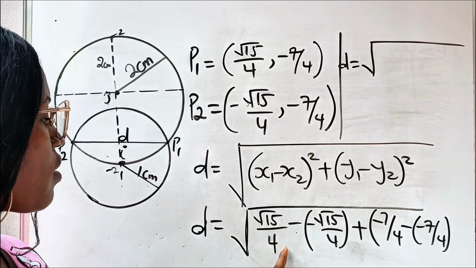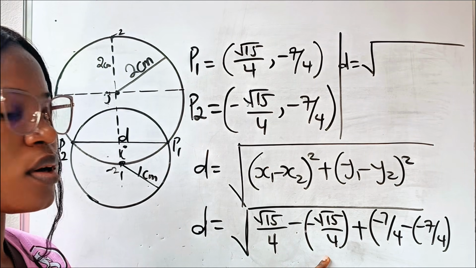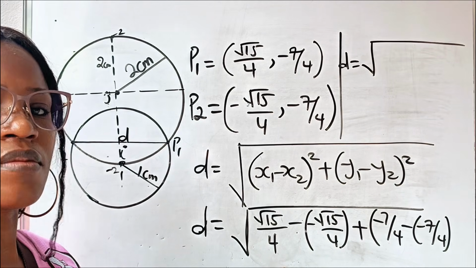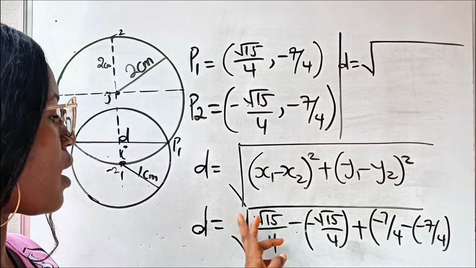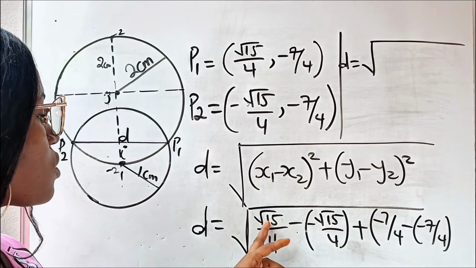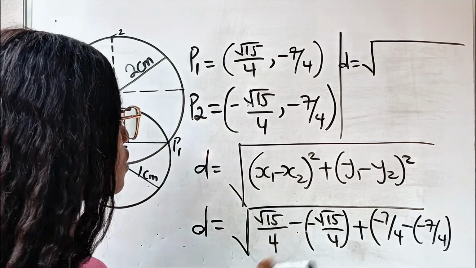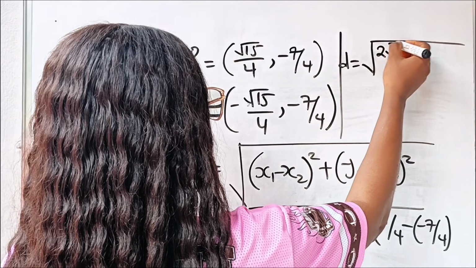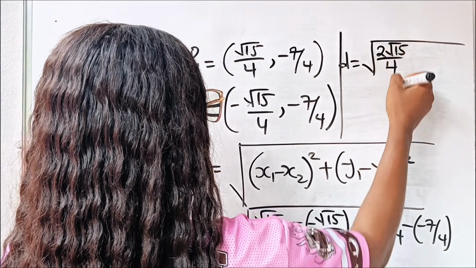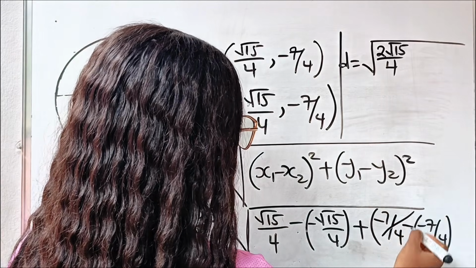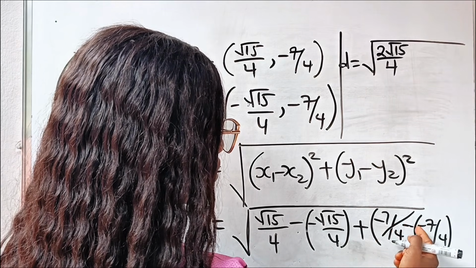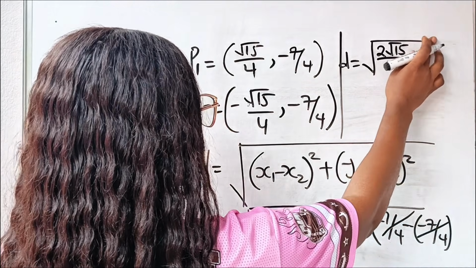So now d will be equal to, minus minus is plus, so we are going to have root 15 over 4 plus root 15 over 4. Since they have the same denominator, we have root 15 plus root 15, which is 2 root 15, and we return the denominator, which is 4.